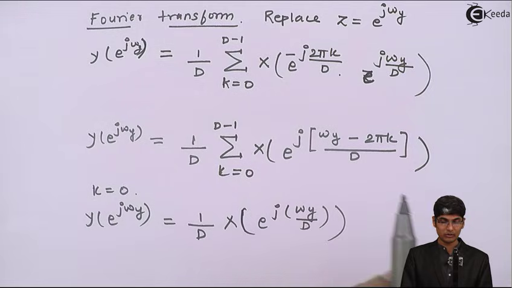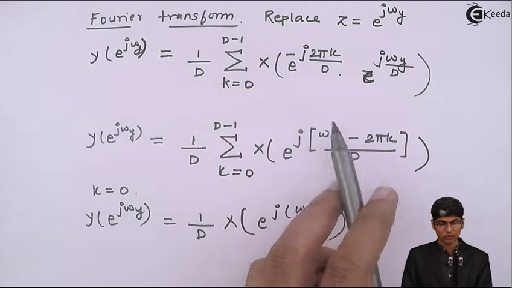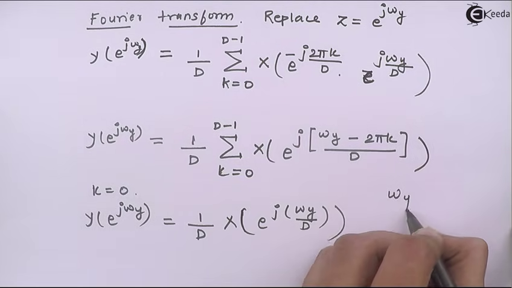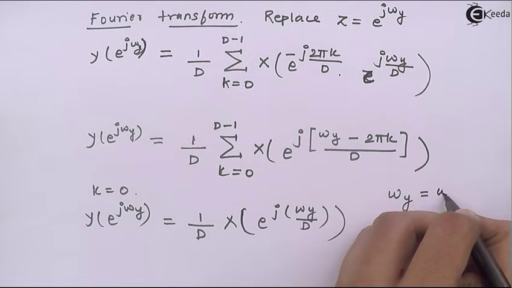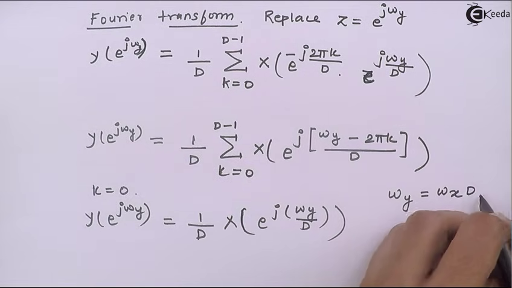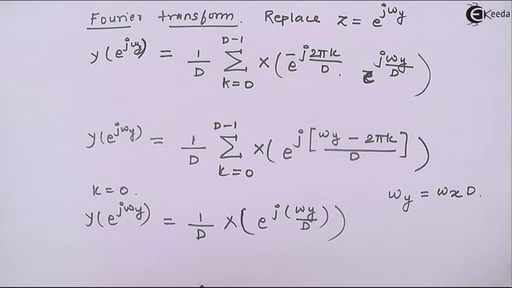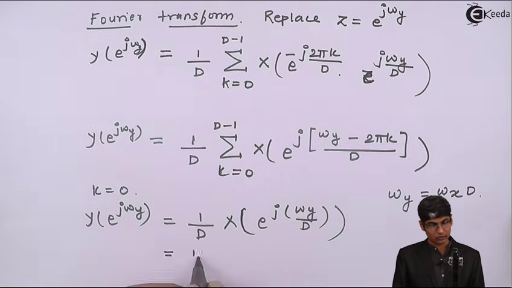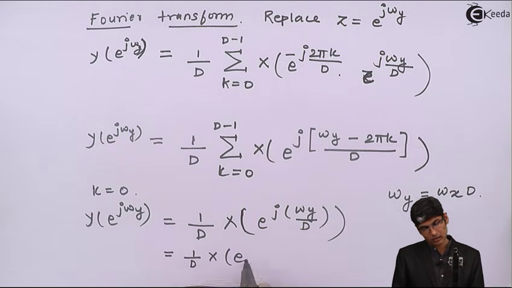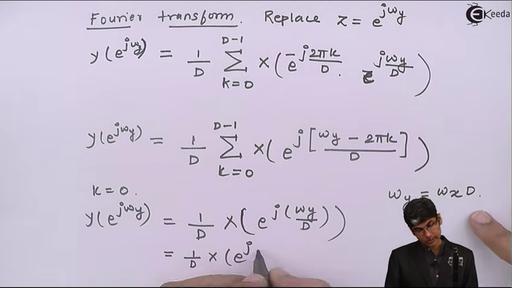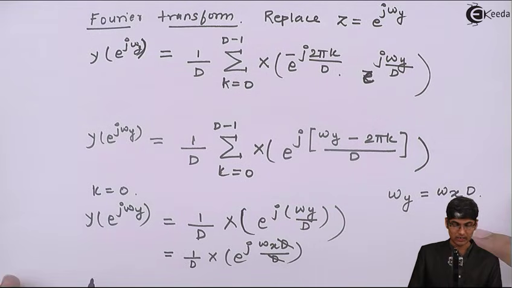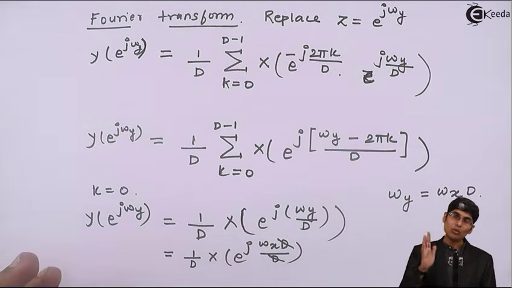D is the decimation factor, because here you can also have omega x. How can I bring in omega x? We have already derived that omega y is equal to d times omega x. You can put it in and get everything in terms of omega x. So it will be 1 over d times x of e raised to j omega y, which can be written as omega x into d divided by d, which is nothing but x of e raised to j omega x, the spectrum of the original signal.